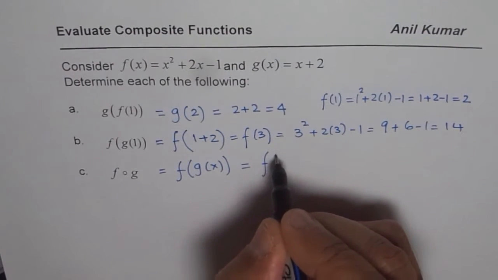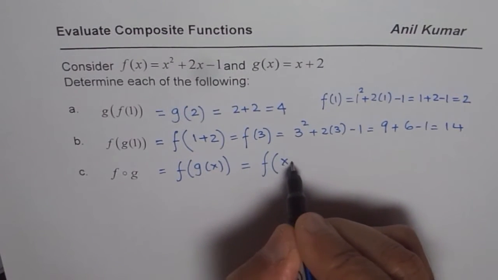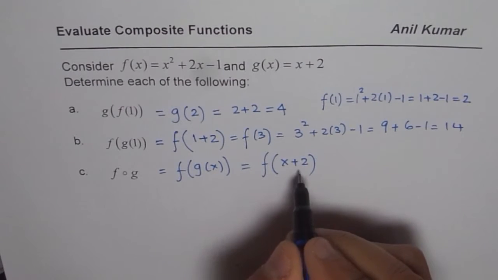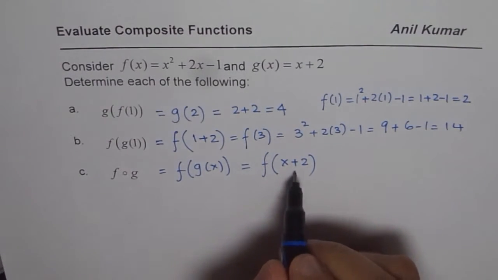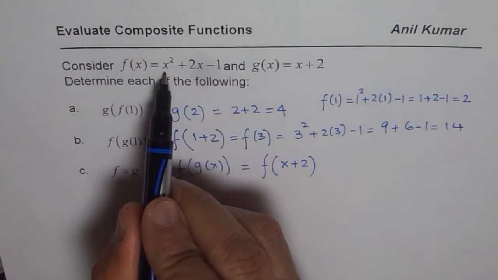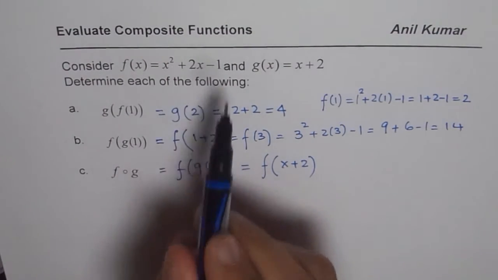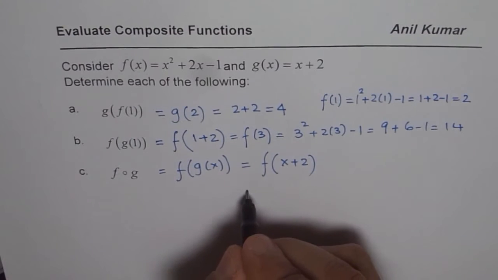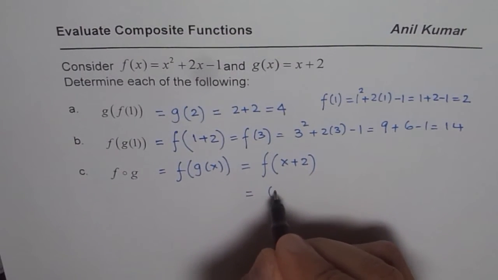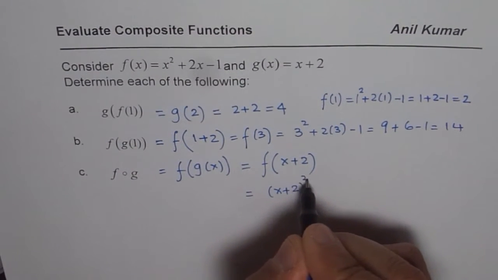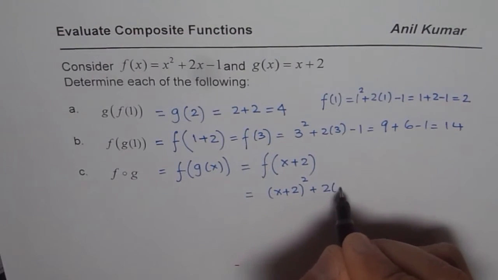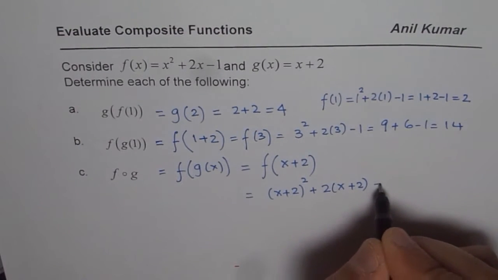So we can write inside this f of x plus 2. Now x plus 2 becomes the argument for the function, and so we can replace this x with x plus 2. Replacing it, we get x plus 2 whole square plus 2 times x plus 2 minus 1.